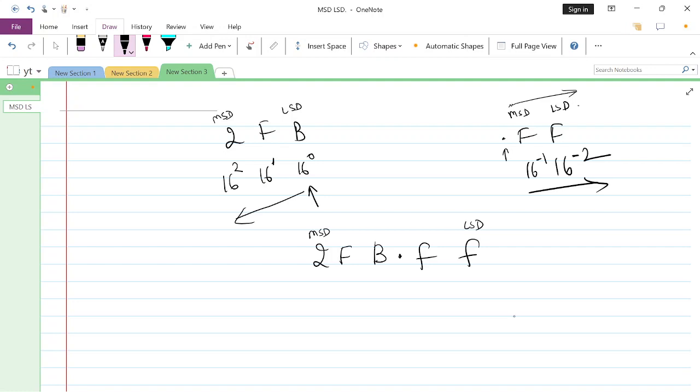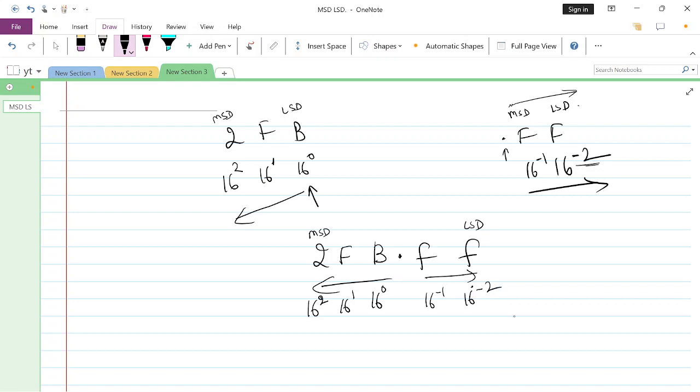Now you can start writing your powers from here also, but if it is a long fraction, then you must be very careful about the last number in the sequence, otherwise things can go wrong. So the better way is to write in this direction first and then this direction. Write first all the weights for the whole number part, then write the weights for the fraction part.